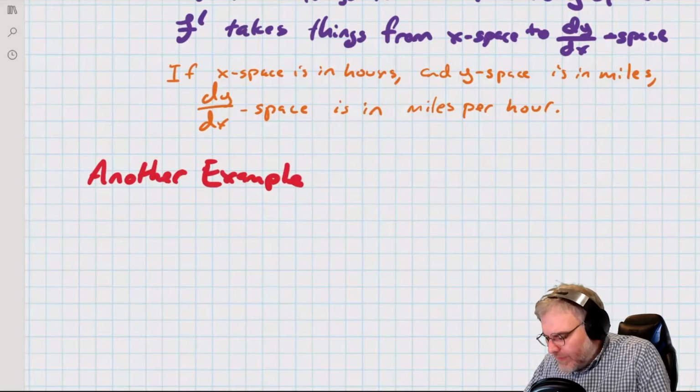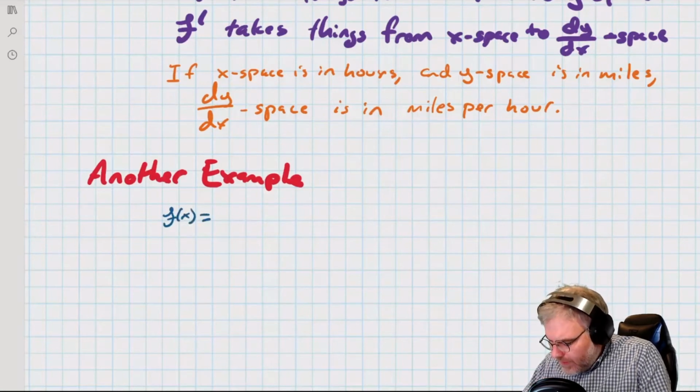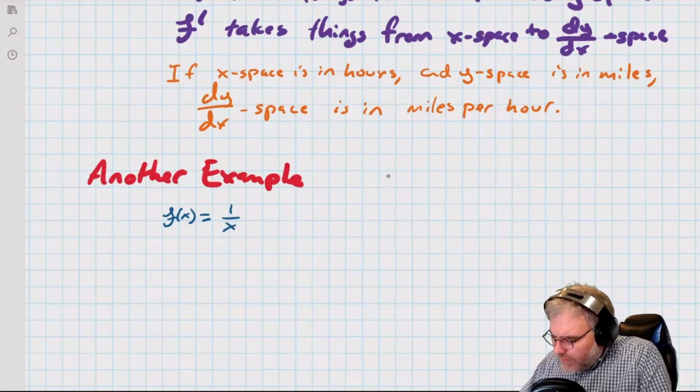Let's do another example. Let f of x equal 1 over x. And what I want to keep in mind are these two definitions.